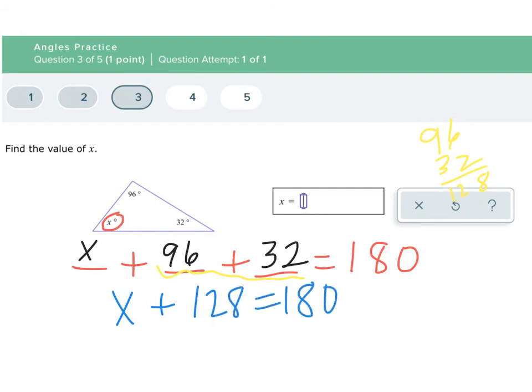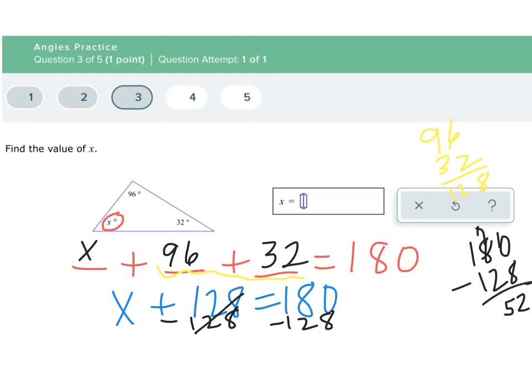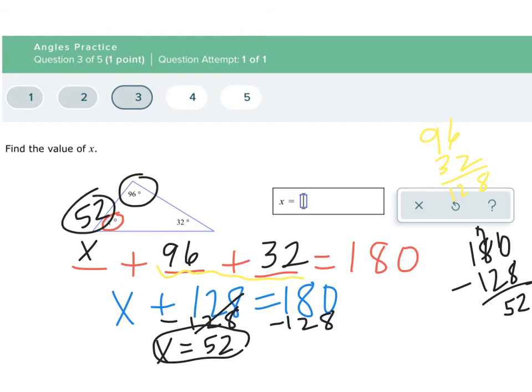So what plus 128 equals 180? If you're not sure, use inverse operations to get x by itself and subtract 180 minus 128. And that would leave us with a value of 52. Then I would just do a quick check that 52, 96, and 32 all equal 180 degrees.